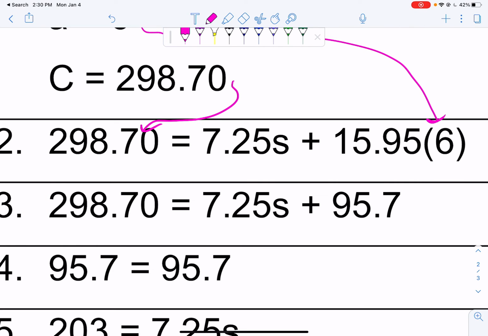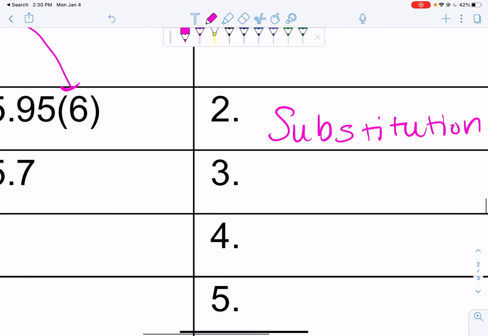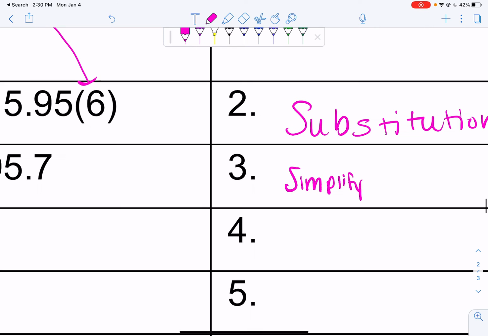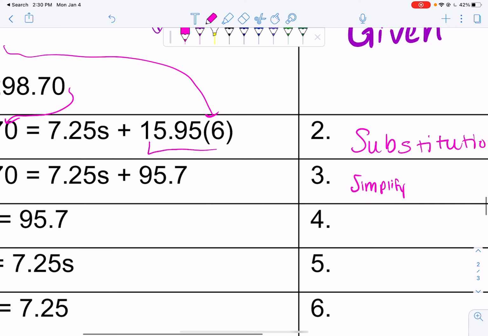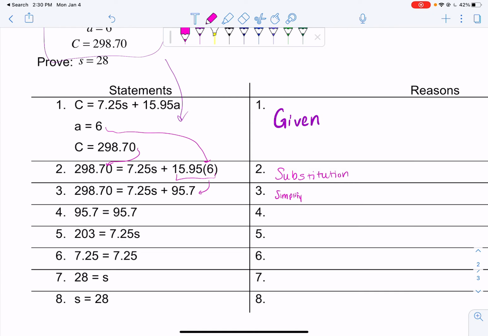You're only doing it to that one side. So when we do this, we would just write simplification, simplifying. So you're simplifying because you're doing the 15.95 times 6, which will give you your 95.7. Now, step 4, when I said 95.7 equals 95.7, that's the exact same thing on both sides. So that means I'm dealing with a reflexive.